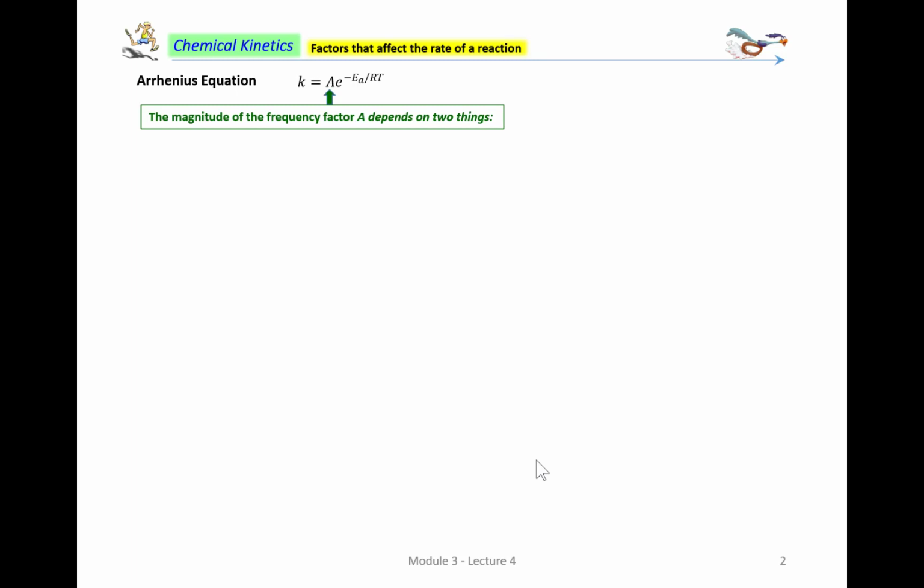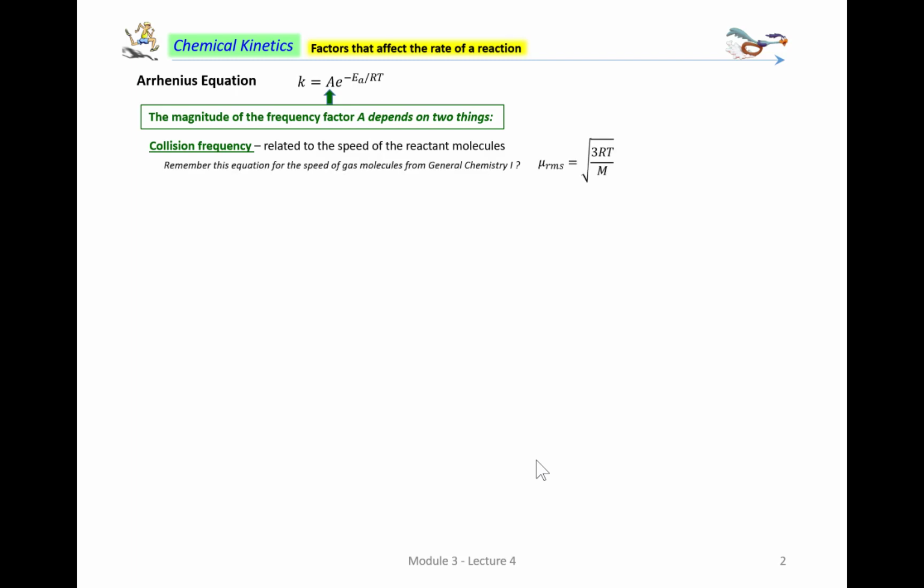Now this frequency factor A depends on two things. One, the collision frequency, how often molecules collide with each other. Now of course that would be related to the speed of the reactant molecules.